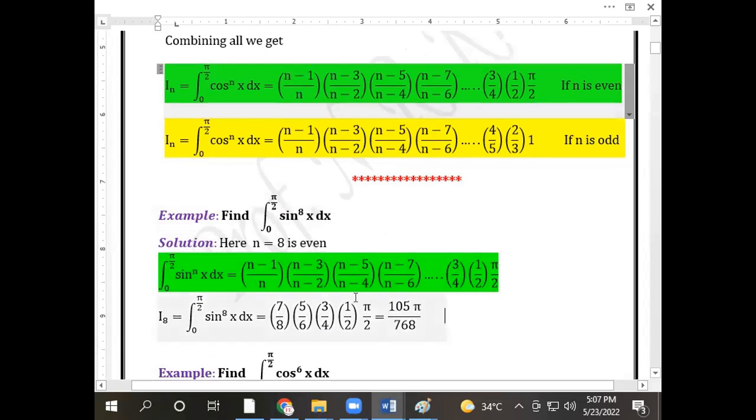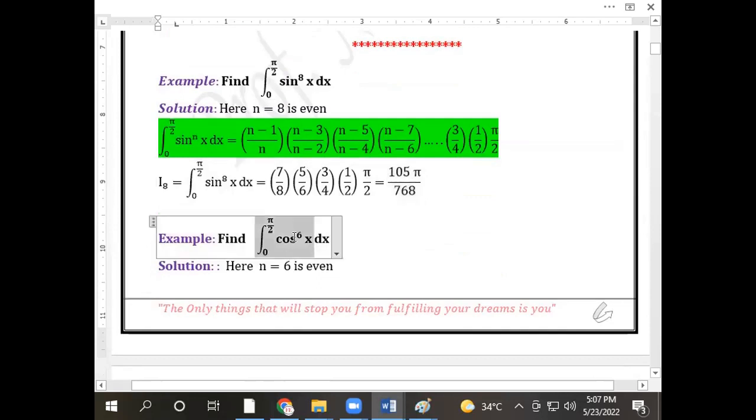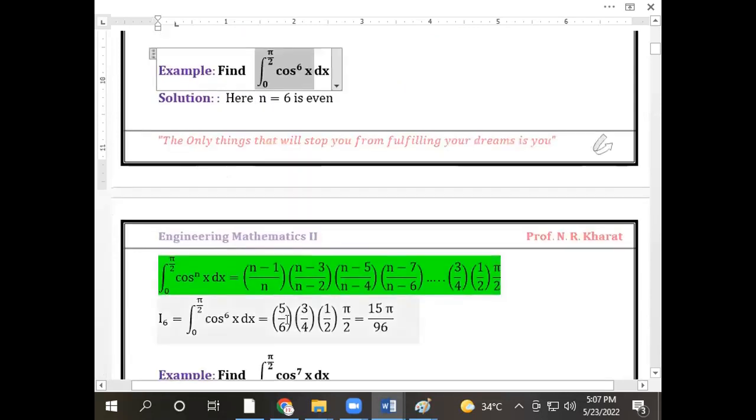We simply replace n is equal to 8, so the solution becomes 7 by 8, 5 by 6, 3 by 4, 1 by 2, 1, pi by 2. After making the calculation, I get a final solution 105 pi upon 768. In a similar manner, if n is 6, we have to replace 5 by 6, 3 by 4, 1 by 2, pi by 2.